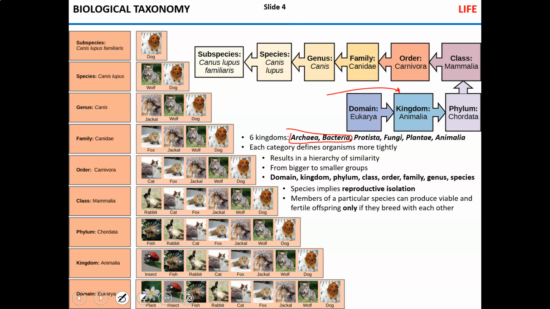The other kingdoms are Protista, unicellular eukaryotes, fungi, plantae, plants, and animalia, animals. So here you see how we're going to go from a really large group to a very small group. So dogs are eukaryotes, domain Eukarya, and they are animals, kingdom Animalia. Inside of the kingdom Animalia, they have a backbone, so they are in the phylum Chordata.